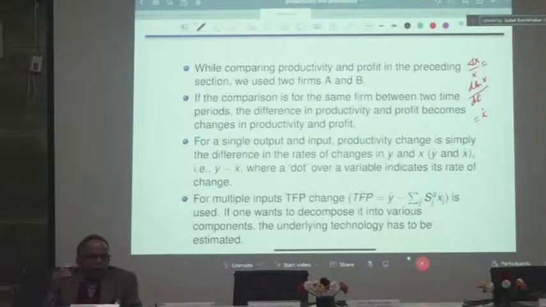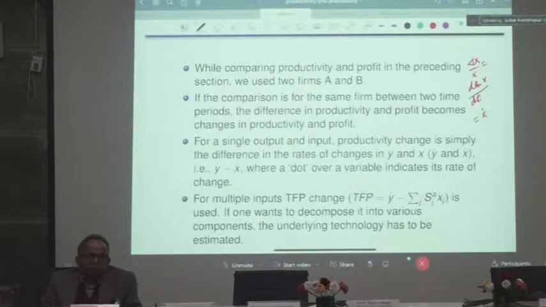So what is the problem? If you talk about labor productivity as a measure of productivity of the economy, then you are missing something because labor is not the only input.